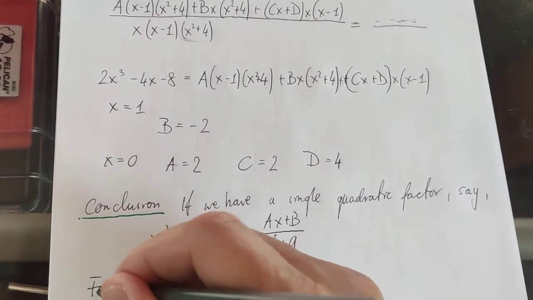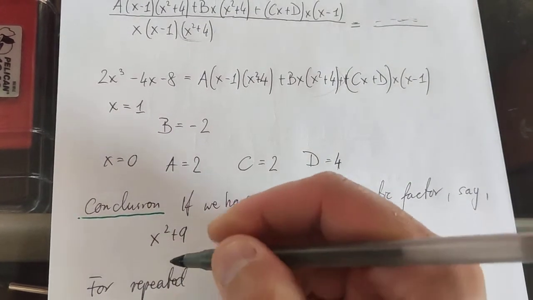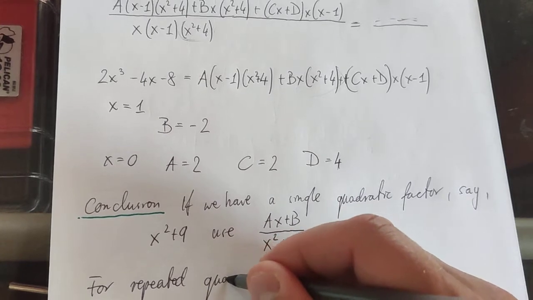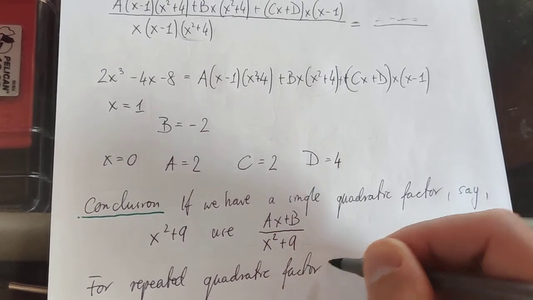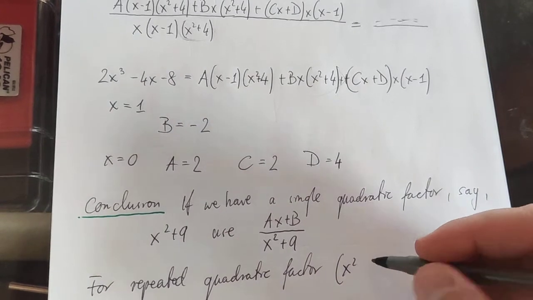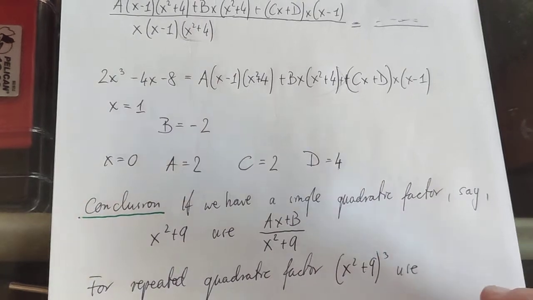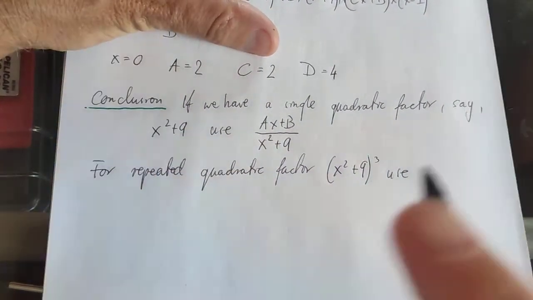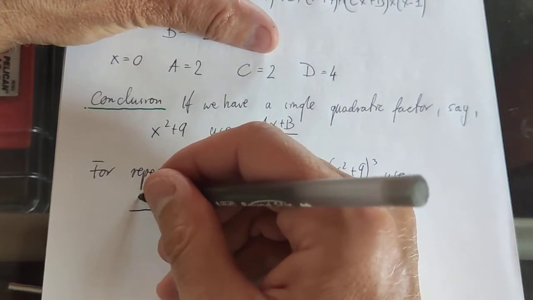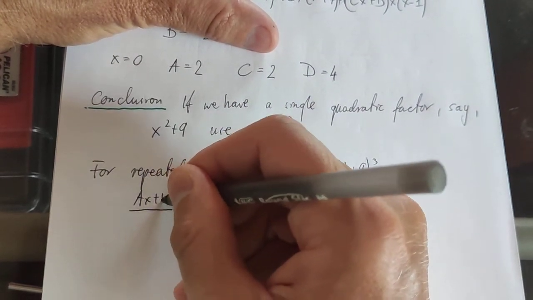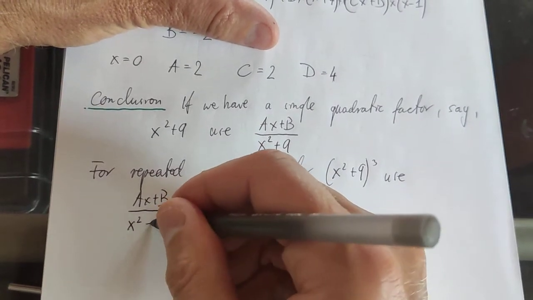So for a repeated quadratic factor, for example x squared plus 9 to the third, we need to use something like this. This is Ax plus B, so this is just a single quadratic factor.